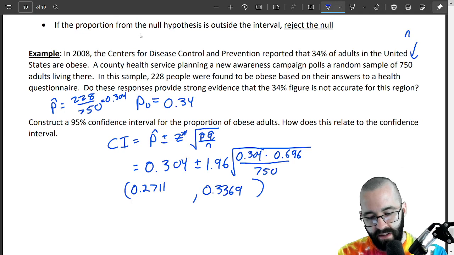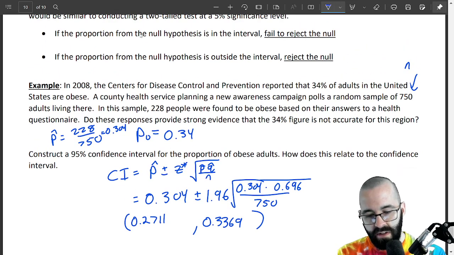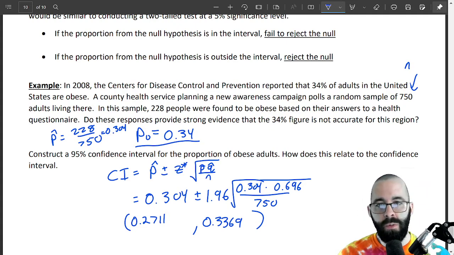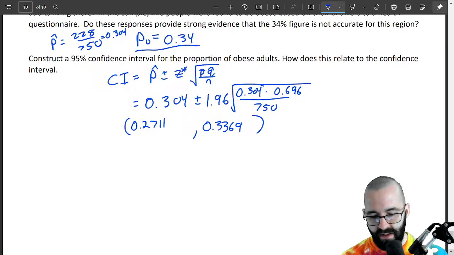All right, this is our confidence interval. If the proportion from the null hypothesis is outside the interval, we reject the null. So we're 95% confident that the true proportion of obesity in this region is in this interval. So we're 95% confident that this 34% number is not right.